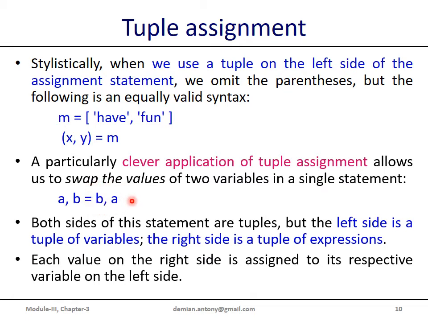How does the tuple of variables get the value of the tuple of expressions? The expressions are evaluated before the assignment, and the associativity is from left to right. So first this expression, with only one variable, is evaluated, and the value is stored in a temporary variable by the interpreter.